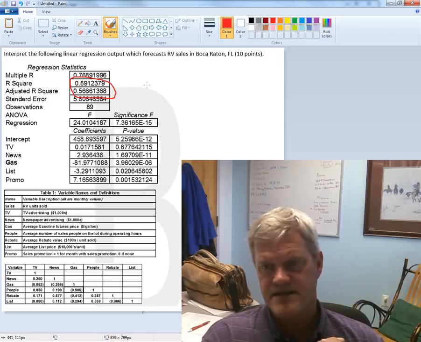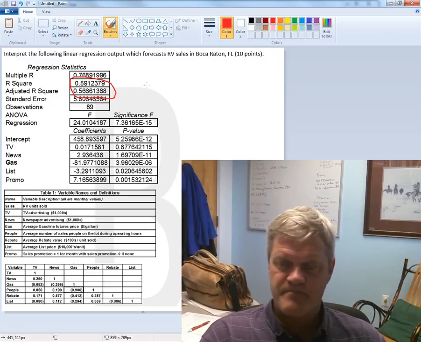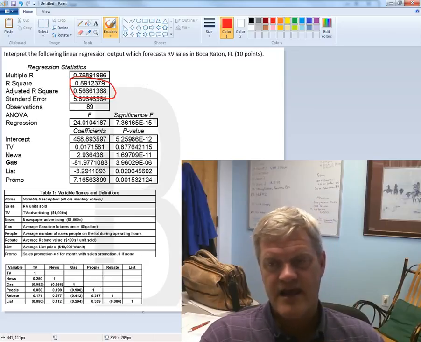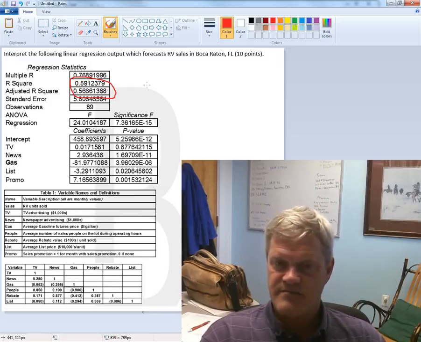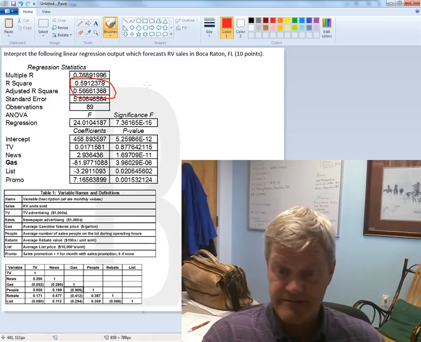Generally speaking, you want a higher R-square value, but what I'm really looking for here is a point that I tried to make many times in class, and that is, to determine if 0.59 is good or bad, you really have no idea unless you have something to compare it to. Some models, if it's something that's a very difficult thing to forecast, if you get an R-square of 0.05, it could be good.